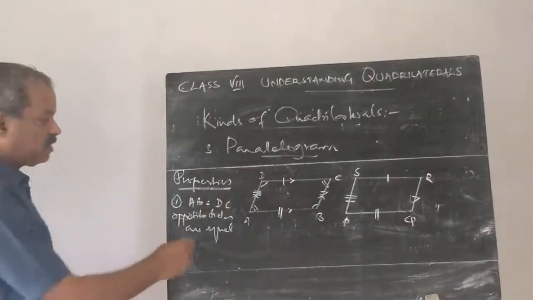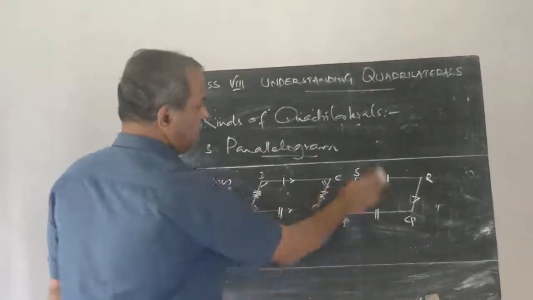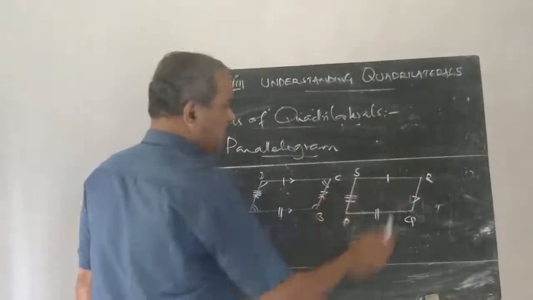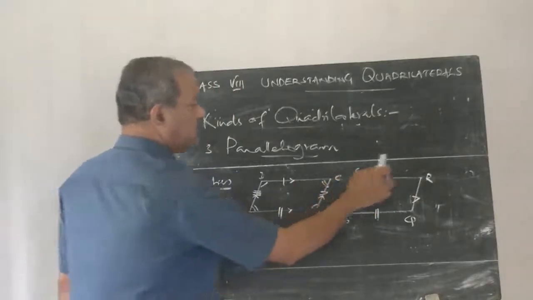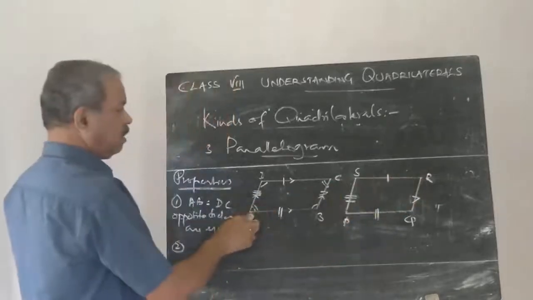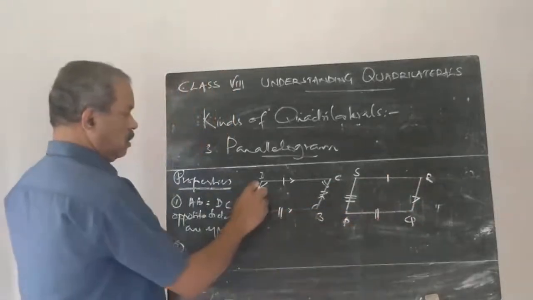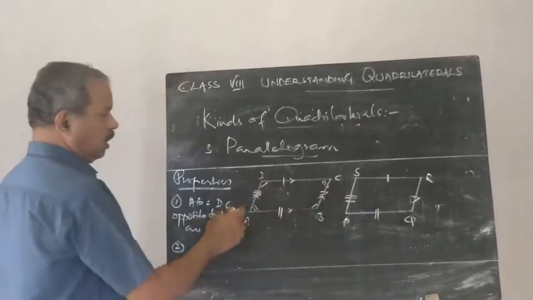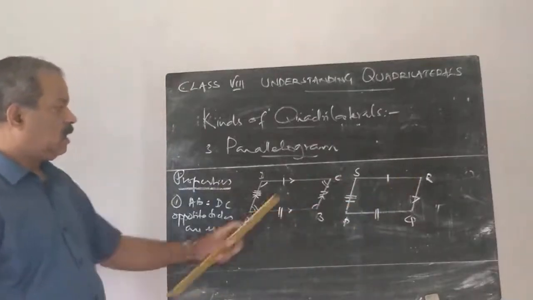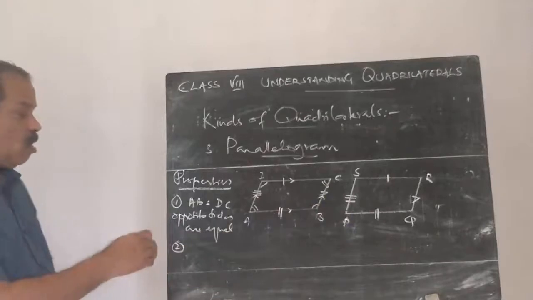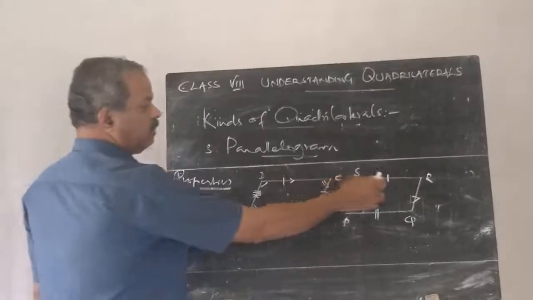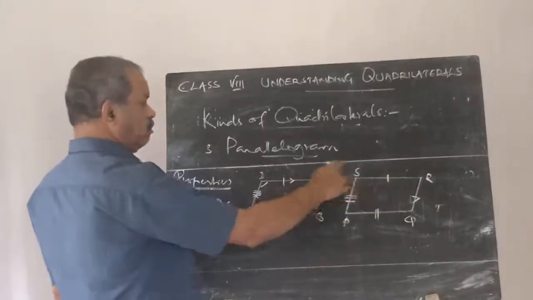Now, what about opposite angles? If you do the same experiment, we can see the opposite angles. AB equal to SR, then the angles corresponding to A: AB and PQ are equal. When we put this, we can see that angle A is equal to angle R, angle C equal to angle P. That is, angle A equal to angle R means angle A equal to angle C, because we have taken this parallelogram in such a manner.